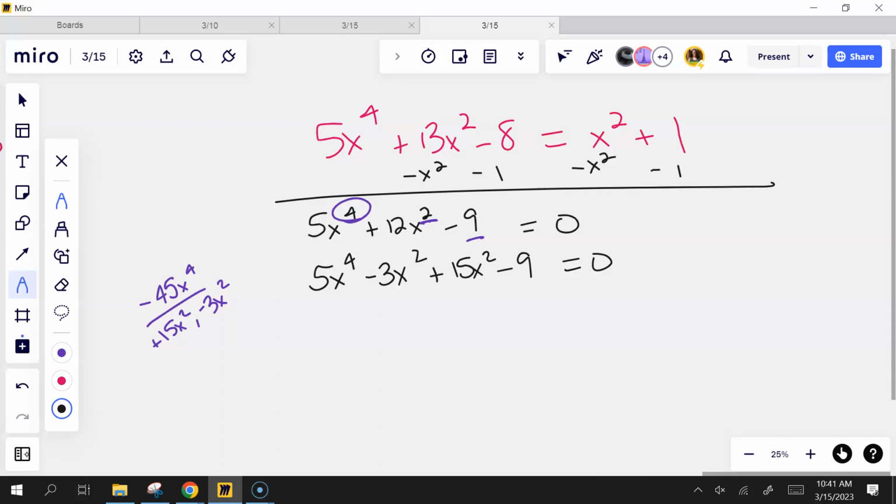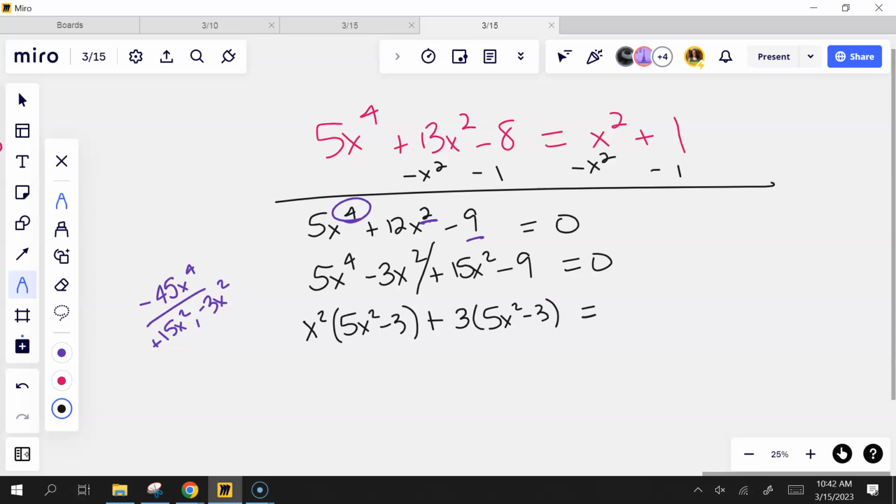Charlie, what can I take out of the first two? There you go. What's left? There you go. Middle sign stays. What can you take out of the last two? Charlie. A 3. What's left?